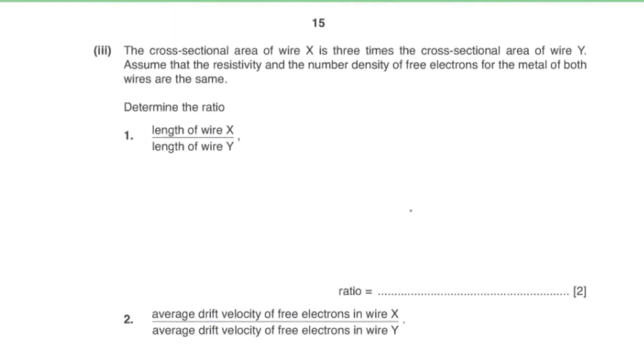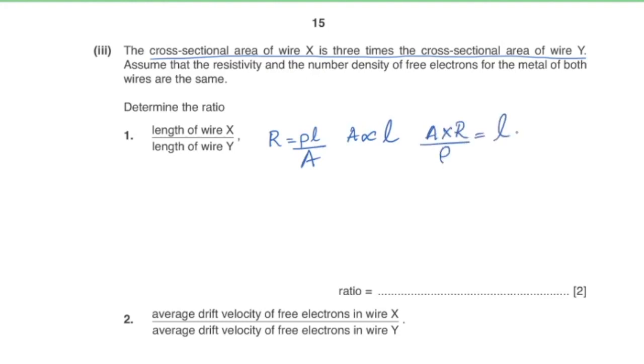Part 3, the cross-sectional area of wire X is 3 times the cross-sectional area of wire Y. Assume that the resistivity and the number density of free electrons for the metal of both wires are the same. Determine the ratio. Okay, so resistance is equal to resistivity times length divided by cross-sectional area. Area times resistance divided by resistivity is equal to length.